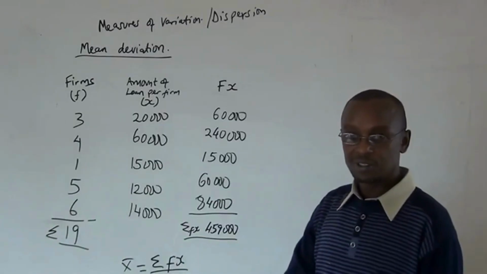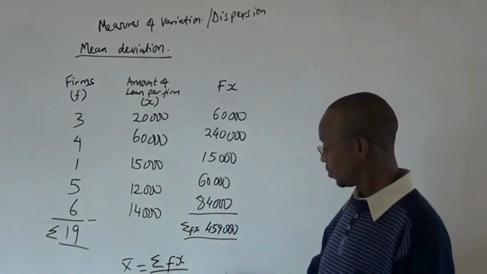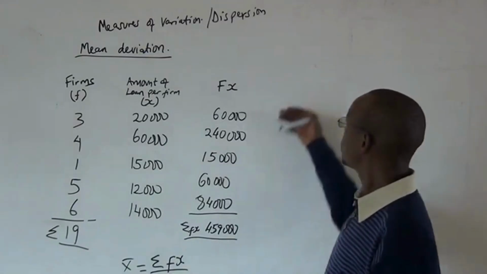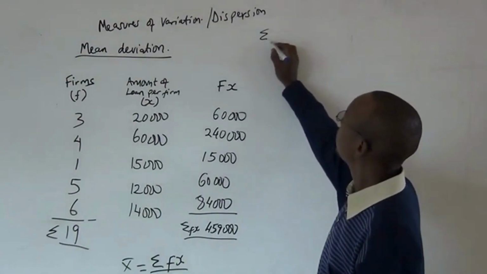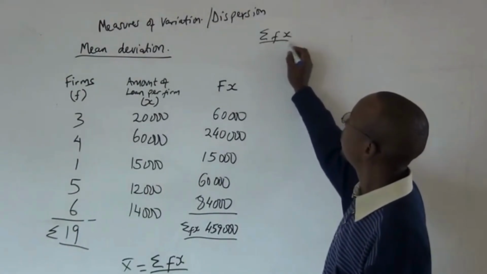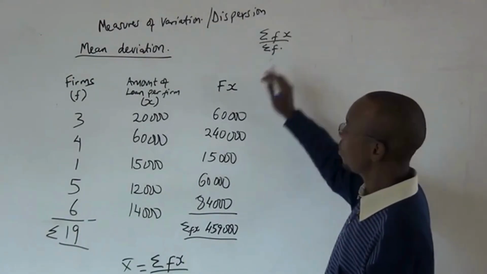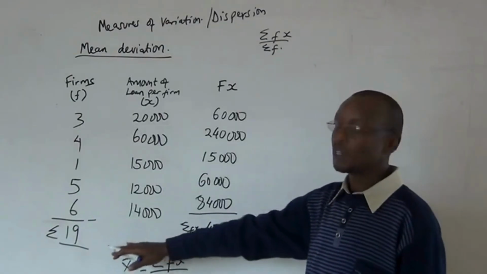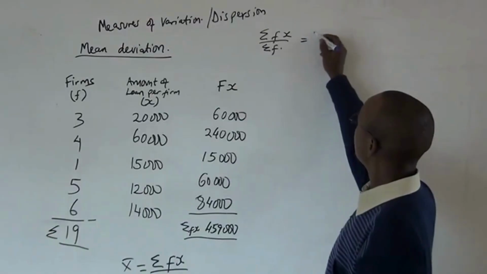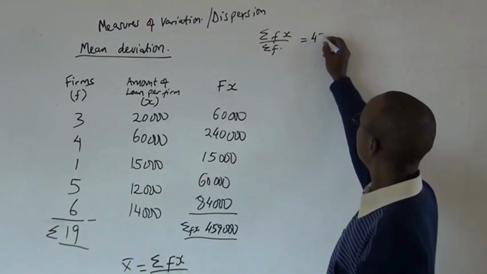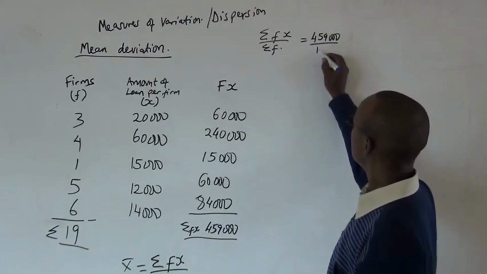So we are using the formula summation of Fx over summation of F. We have seen the summation of Fx here and F here. This is 459,000 divided by 19.